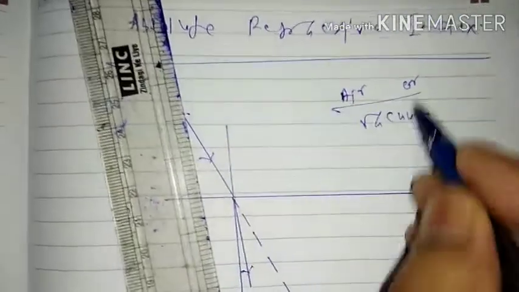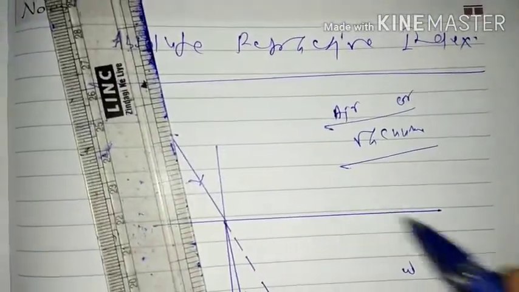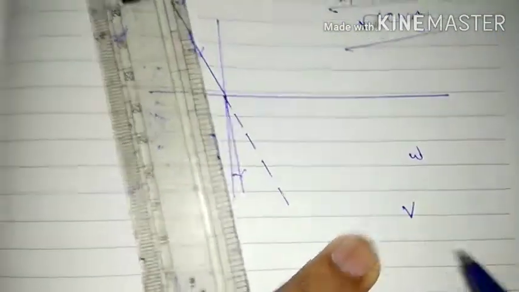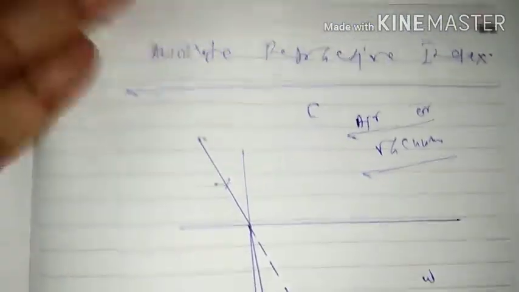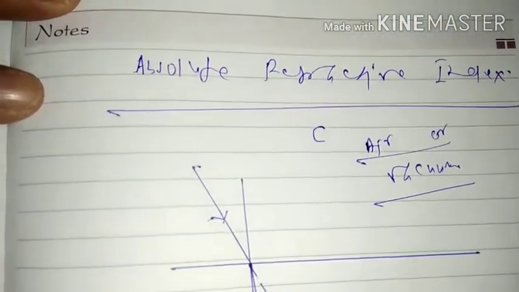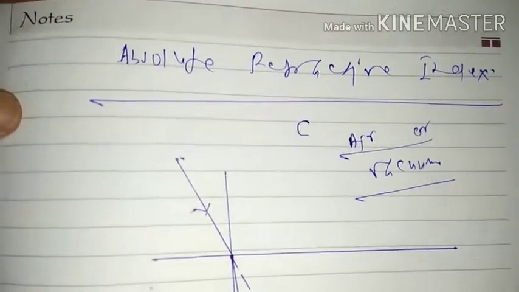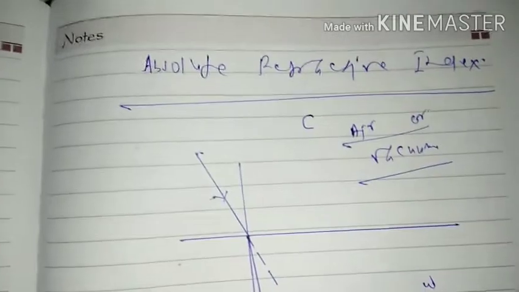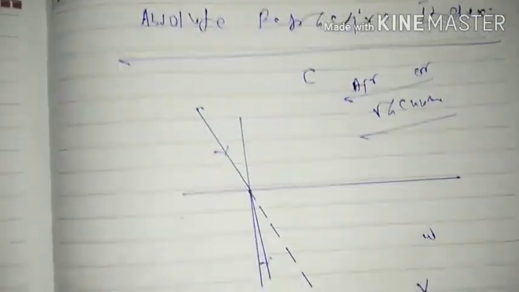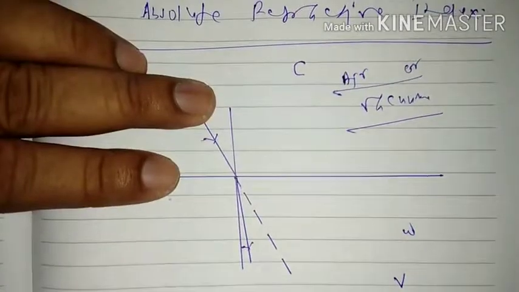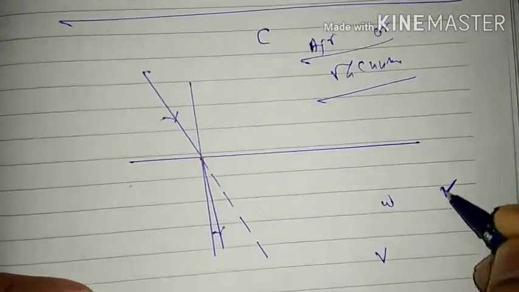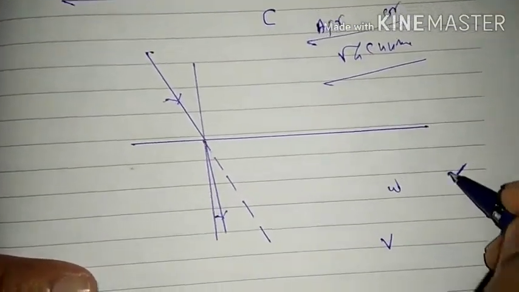Suppose the speed of light in vacuum is represented by C, and the speed of light in water is V. So what is absolute refractive index? If rays of light travel from either air or a vacuum to any other transparent medium, then the refractive index of the second medium is called absolute refractive index.